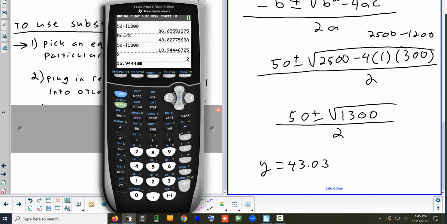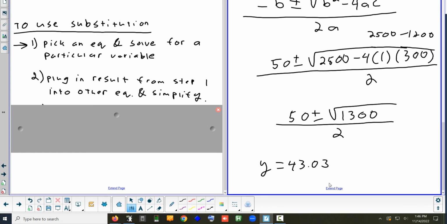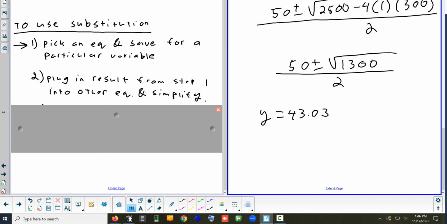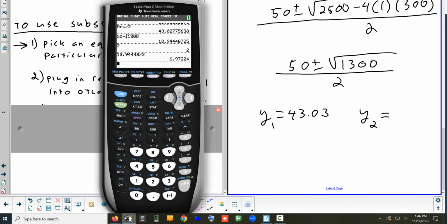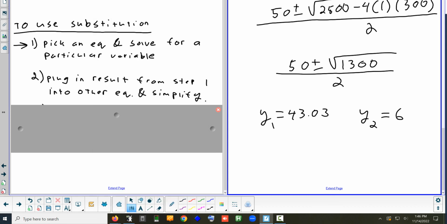Take that and divide by 2. We get about 6.97. So you have to remember there were 2 answers for y. We haven't found x yet. X is going to be easy. But remember, a quadratic formula always gives you 2 answers. So let's call this one y1. Let's call this other one y2. Because we were solving for y, we just have 2 answers. 43.03 and 6.97.